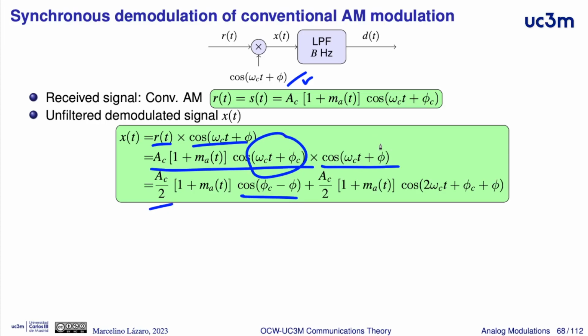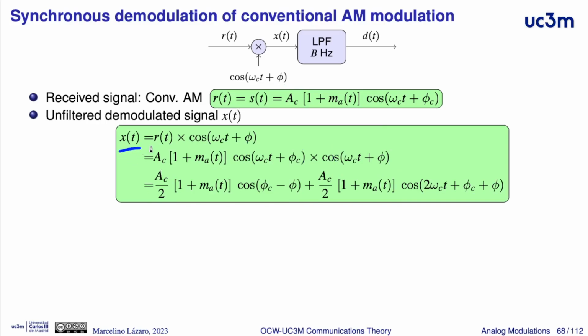The difference between these two arguments is the difference between the phases phi c and phi, and then 1/2 times cosine of the addition of the two arguments, and the addition of the two arguments is 2 times omega c times t plus the addition of the two phases, the carrier phase and the phase that we have in this demodulator.